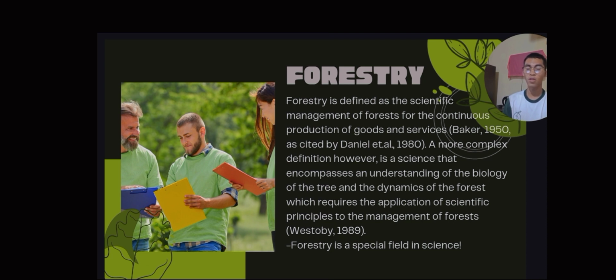So this is where the very first forestry school was established. And then the forestry schools were established in the early 19th century in Australia and Russia. And formal forestry education began in 1898 in Cornell University, which offered a degree program.